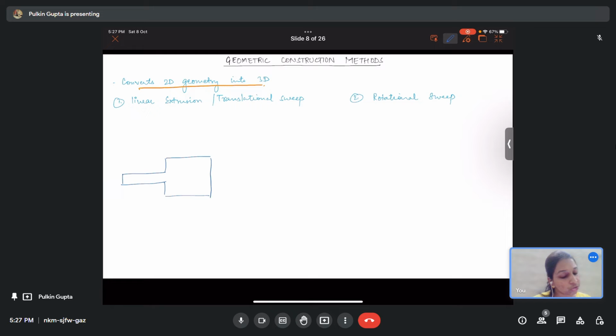Now if I extrude it in the z direction, this is my z, x, y, supposedly. If I extrude it perpendicular to the plane of the screen or paper, it will become a 3D model. It will be something like this.